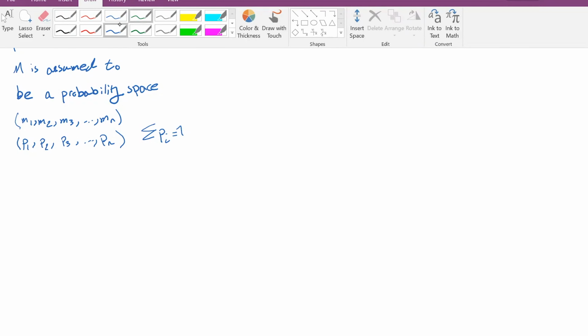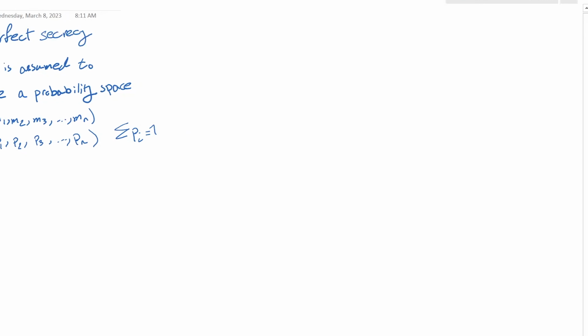Given this information, now we want to see exactly what we mean by saying that providing the ciphertext does not help the adversary. For that reason, I'm going to introduce a computation tree. The computation tree that we want to use here normally starts with our message space.